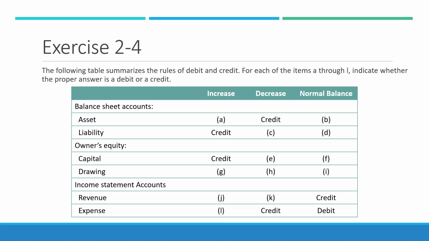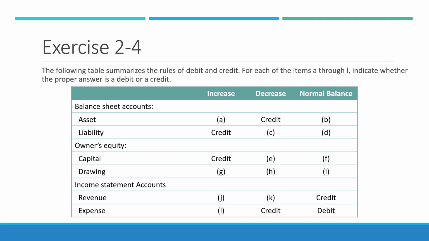Okay. Drawing. We don't have any help. Drawing does what to owner's equity? Decreases it. To decrease owner's equity, what do we do? Debit.